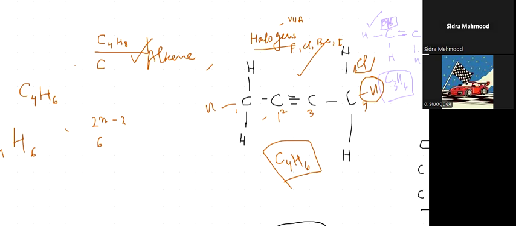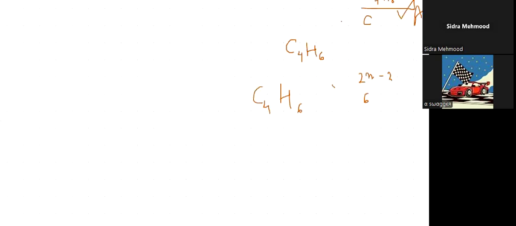Haloalkyne is a combination of alkyne and halogens.